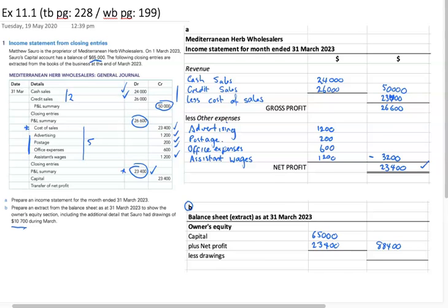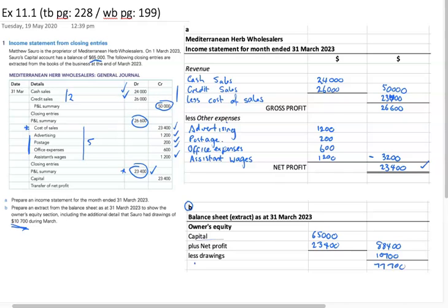This is telling us that our business is now worth $88,400. This is the number that balances our accounting equation and balance sheet. But we've also taken some money out of our business, $10,700. So we're going to say less drawings of $10,700. And that means our end capital is $77,700.